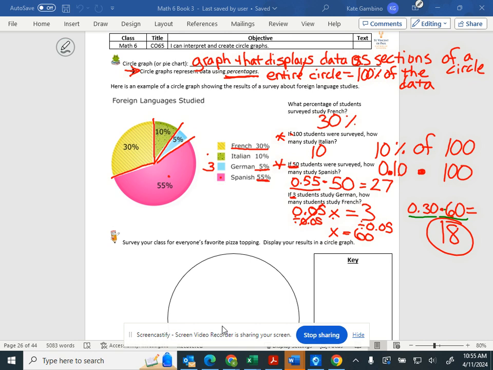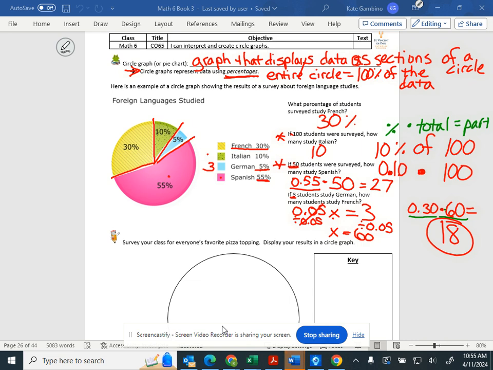Ava: I'm confused kind of from the start when we did 0.05 x equals 3. How did we get the number? So we know that we have percent times the total equals the part. We learned that formula back when we were doing percentages, way long time ago.